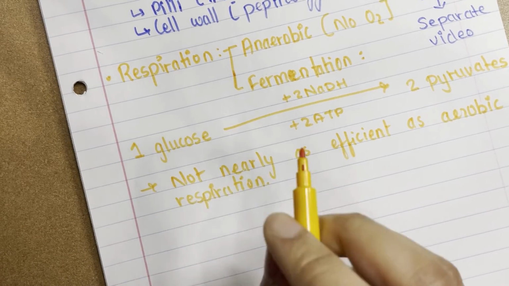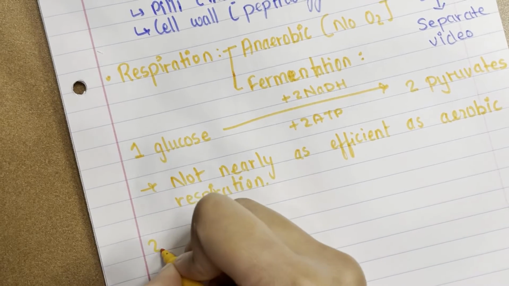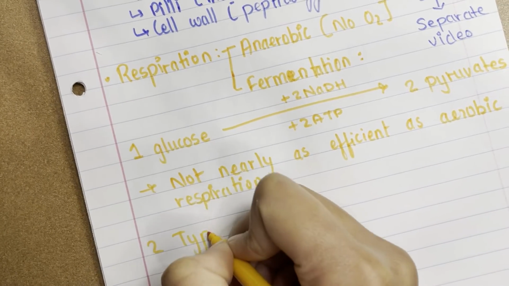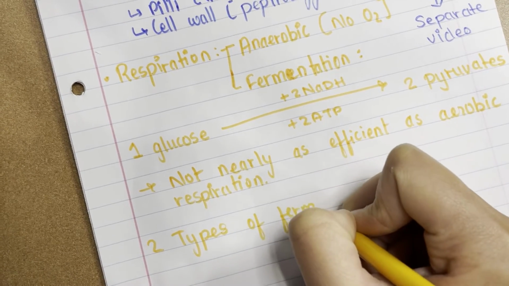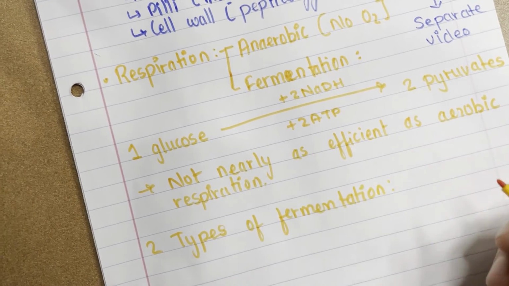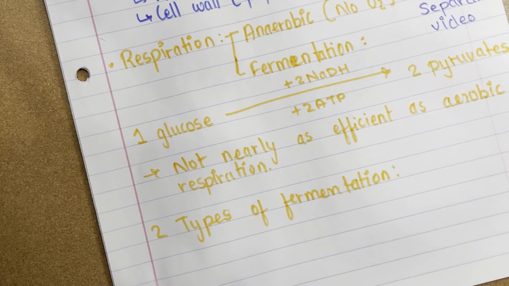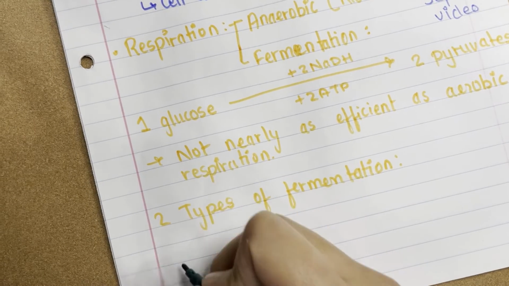Now, while we're talking about fermentation, there are 2 types of fermentation. One type is the alcoholic fermentation.